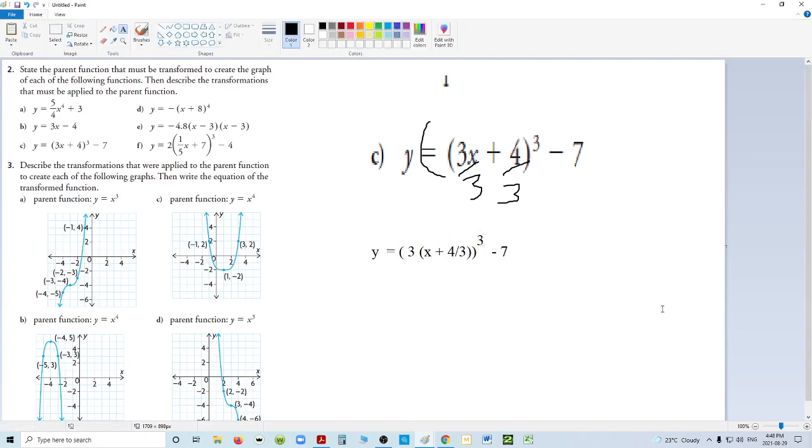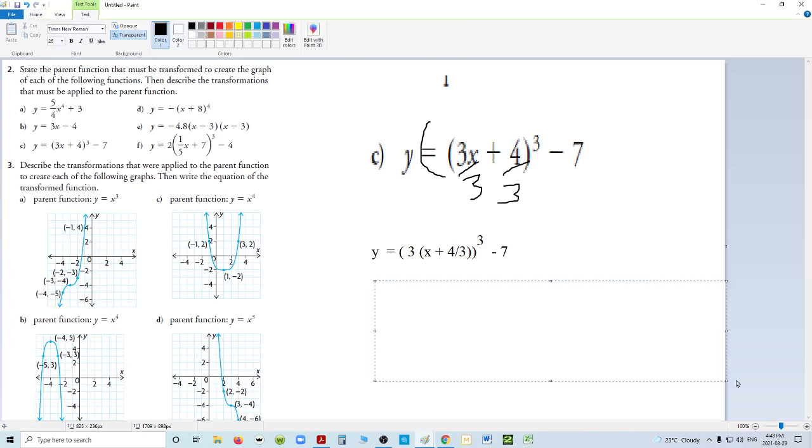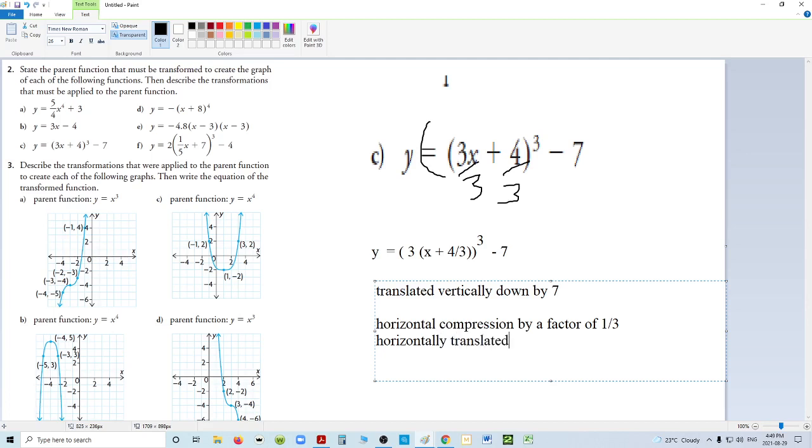And now I can see that this is a cubic, and here are the y transformations. There are none except for translated vertically down by 7. Then it's got a horizontal, not a stretch, but a compression by a factor of 1/3, and horizontally translated to the left by 4/3.